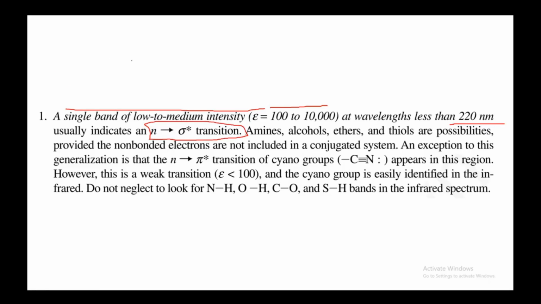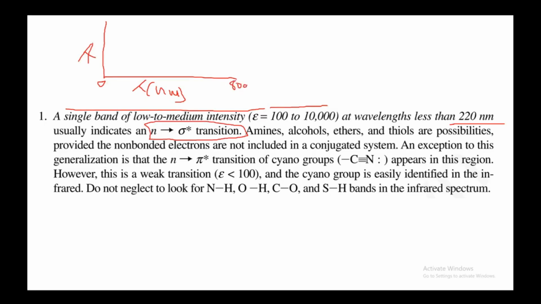For example, this is a typical UV visible spectrum. On the x-axis we have the wavelength lambda in nanometers, and on the y-axis we have the absorbance. And if this is 0 wavelength, it goes to 800 typically.